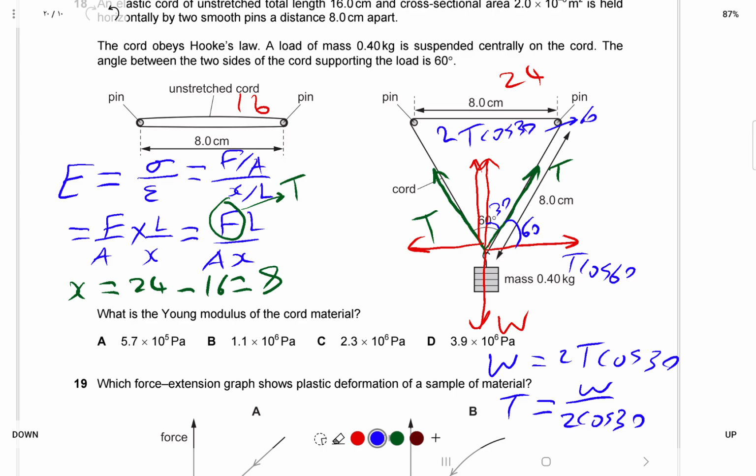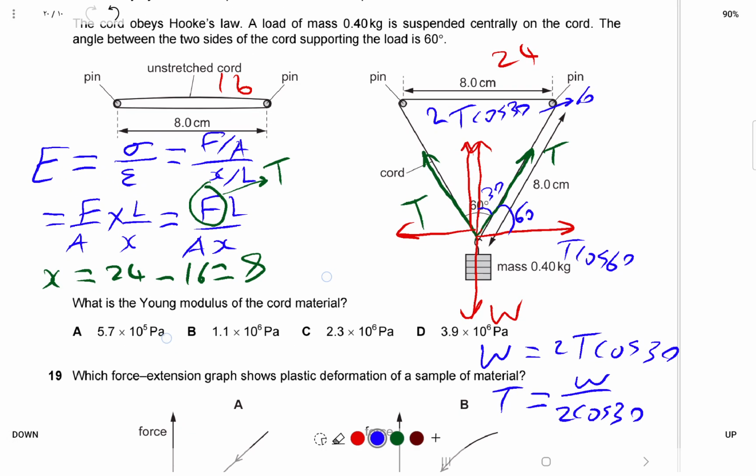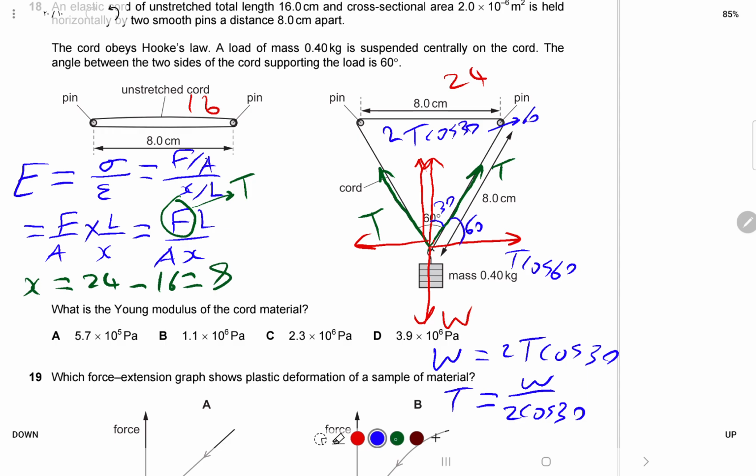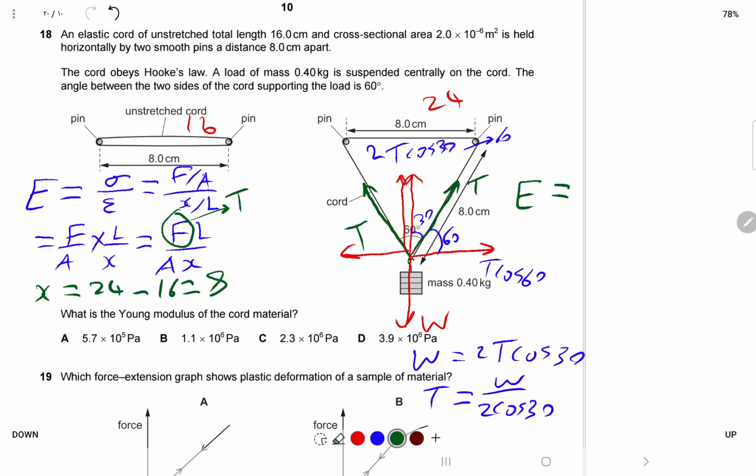Okay, next step, you have to plug the information in the formula. So Young's modulus is equal to the force, and the force is here. W is mg.